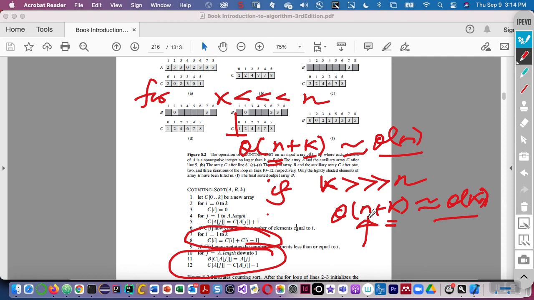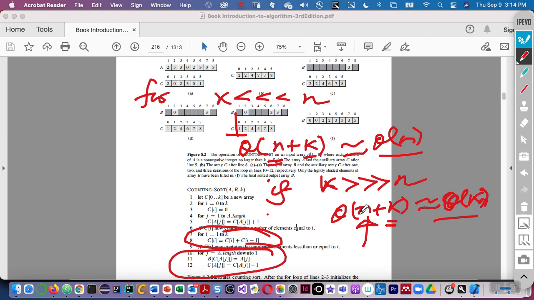So if you had a very large element, then the runtime would be theta of K? Yes, because the runtime will be proportional to K, since it does not have any association with the number of inputs. If you have 5 inputs, or 7 inputs or 10 inputs, but K is very, very large, then K will be dominating.